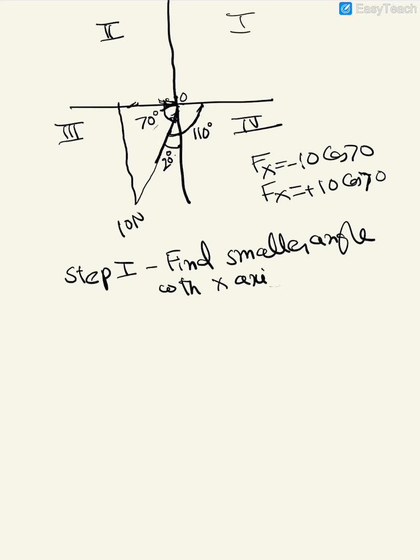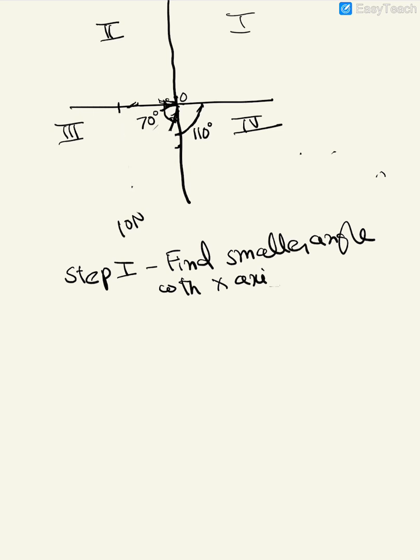Okay, so for example, let me make it clear. Just it has become a little clumsy. Say this is some angle. Let's say this is 30.